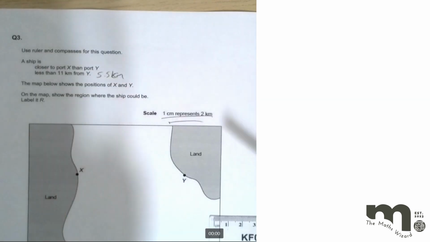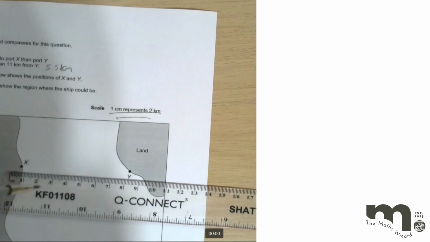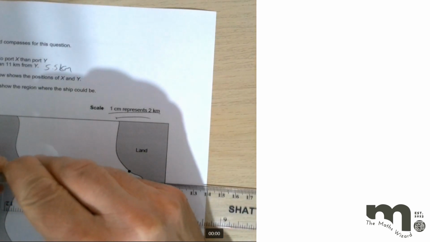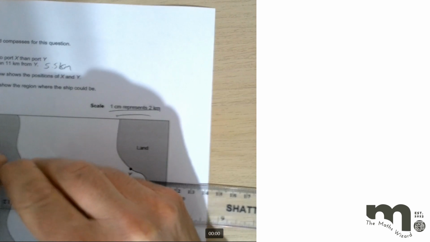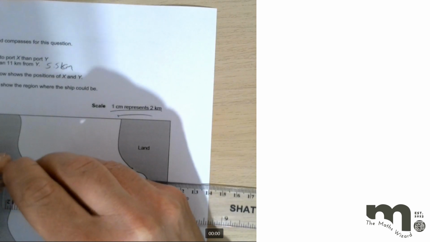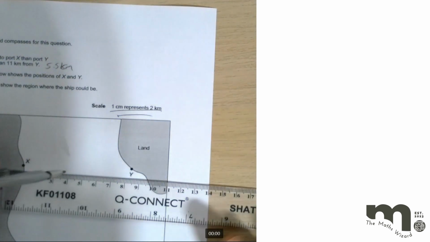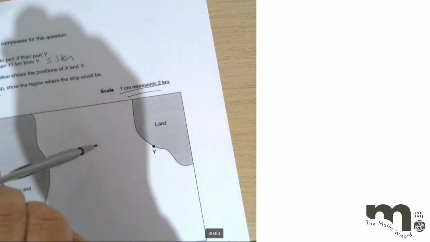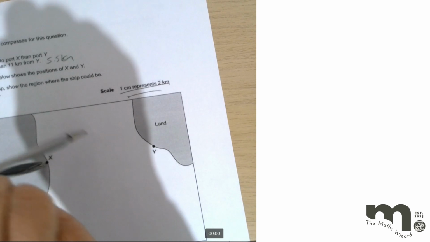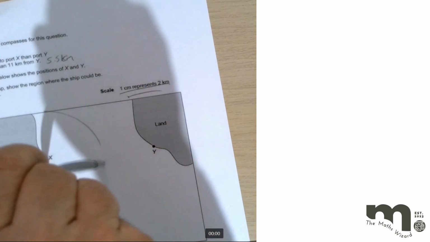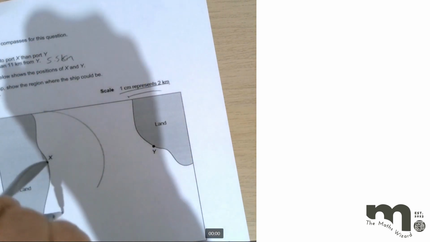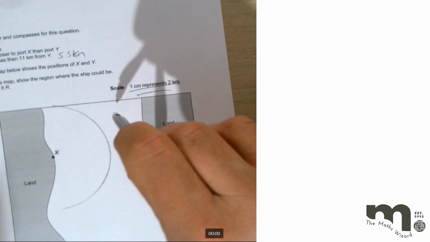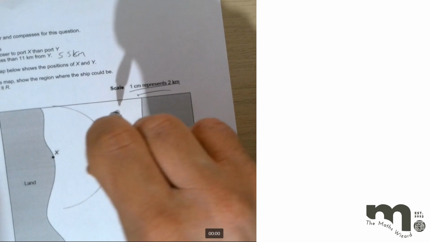So I'm going to set my compass at 4 centimeters, I think, for this one, to do my perpendicular bisector. So there we go. So if I draw my arc from just up there, and then just below there, and if I go over here, same again.